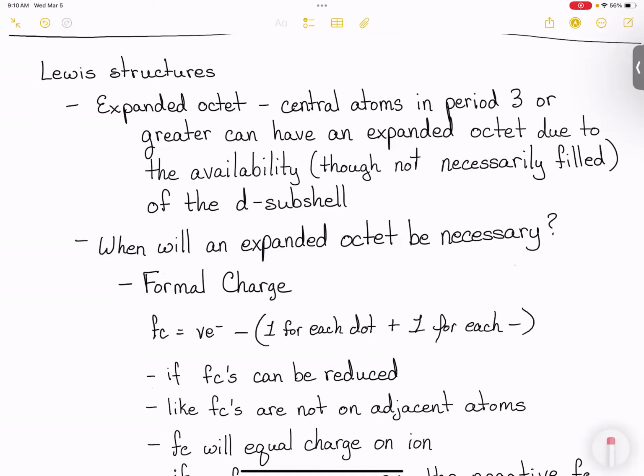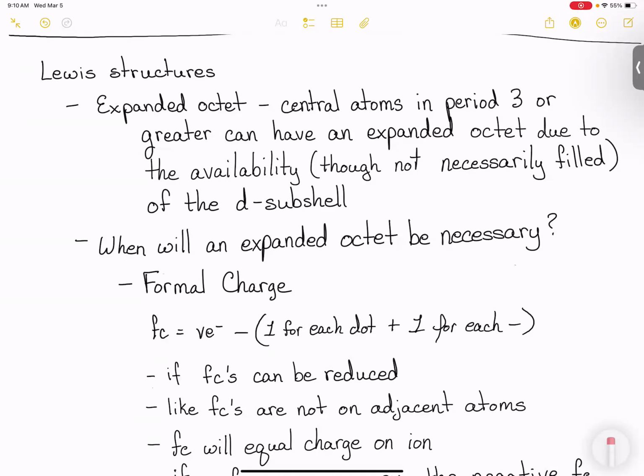Okay, it is 9:10, so I'm going to get back to it. We are going to get into the second portion of today, which is going to be Lewis structures. Last Wednesday, I introduced the concept of Lewis structures. We started with the Lewis structure of an atom, of an element.